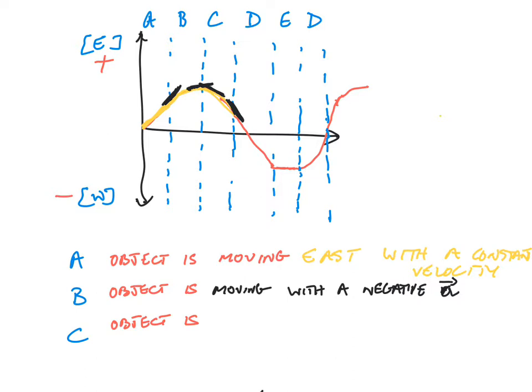And yes, it is a negative, but it's got a higher magnitude. So it appears to be getting greater in the negative. So the object is moving with, again, a negative acceleration, or an acceleration in the westerly direction.